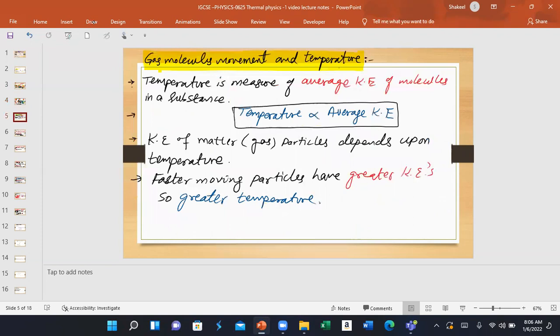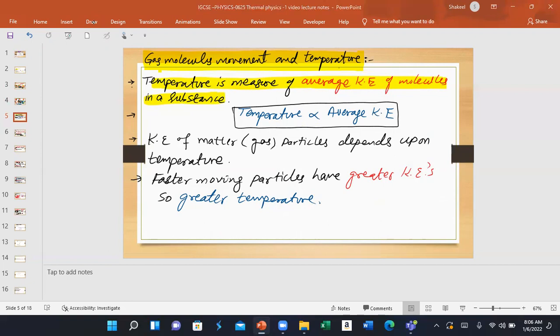Well, about gas molecules, movement and temperature, we have to see what the relation between them is. So we know that temperature is a measure of the average kinetic energy of molecules in a substance. That's how we actually define temperature. You know what average is?